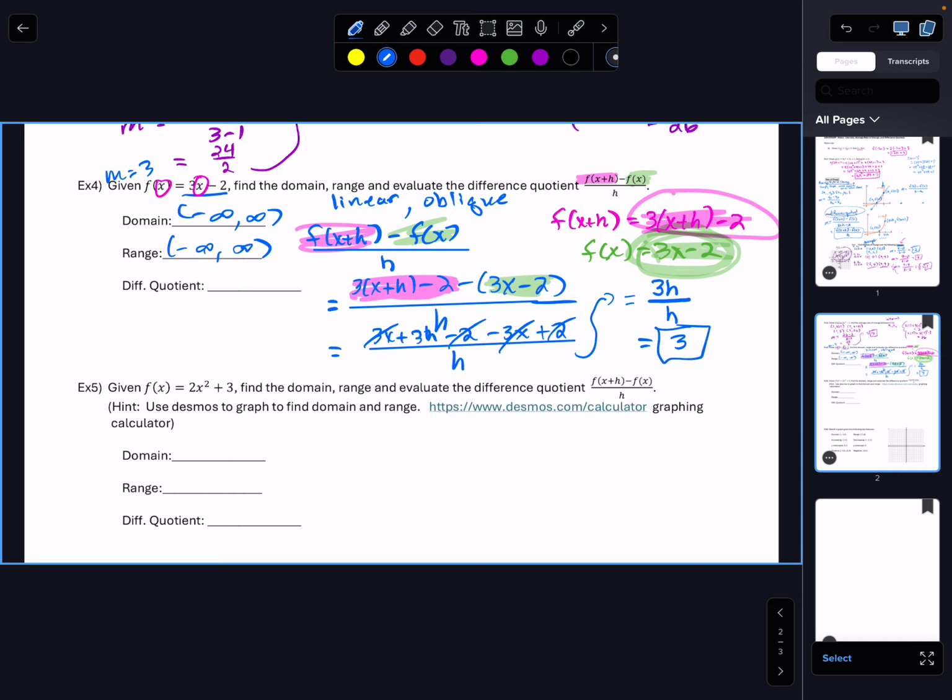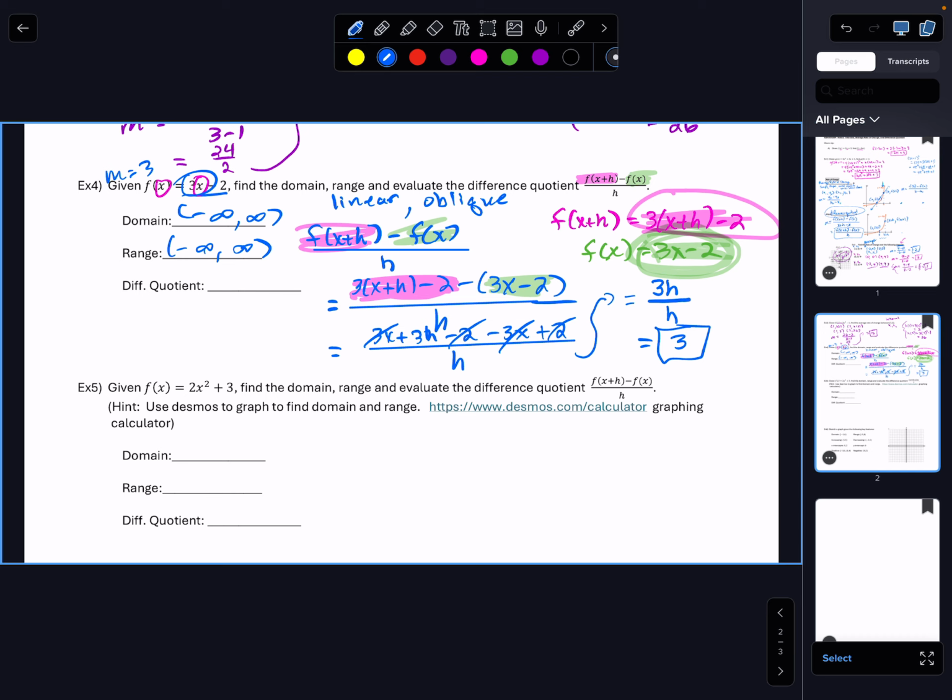Unique with linear functions is that note that the slope of this line was 3 to begin with, right? The slope of that line, mx plus b, is 3. The difference quotient is taking 2 points on the function, drawing a line through them, and finding the slope of that line. Well, when you take 2 points on a linear function, you draw the line, you're drawing the actual line.